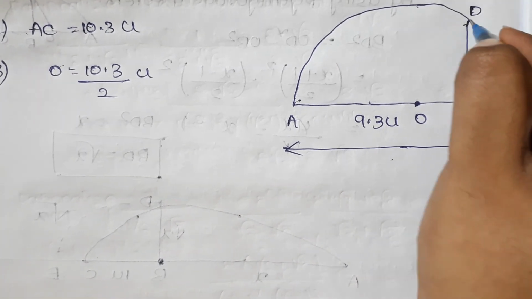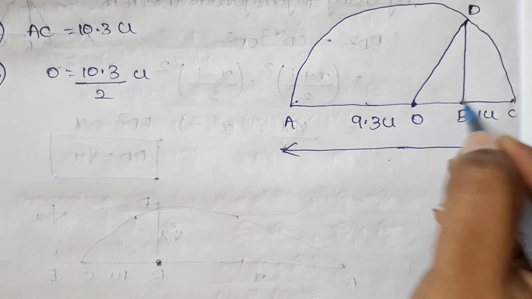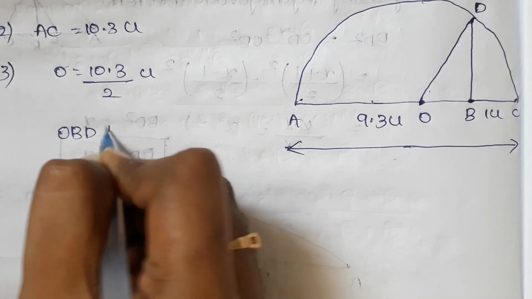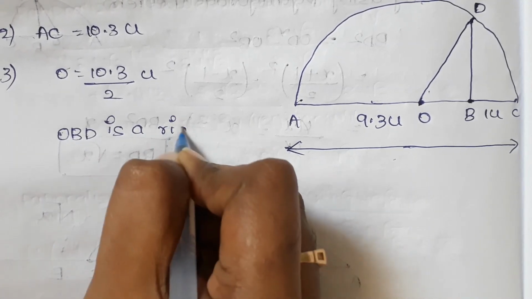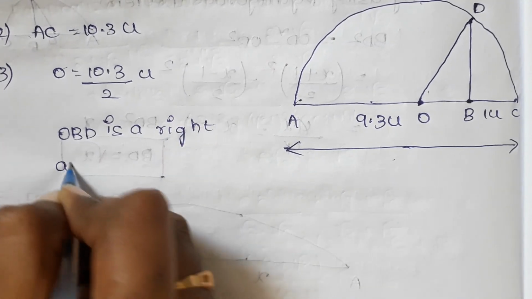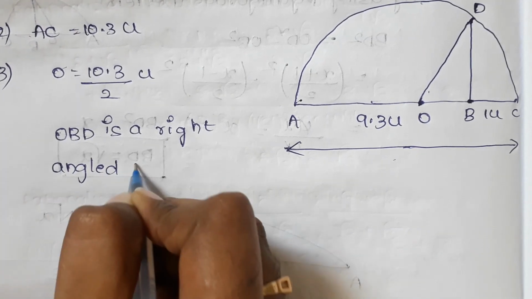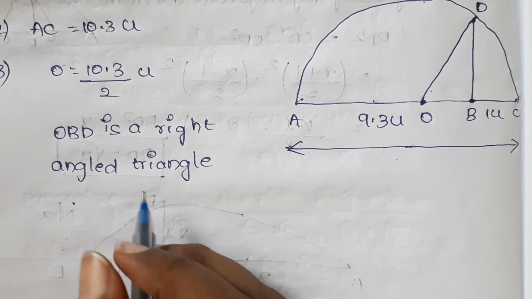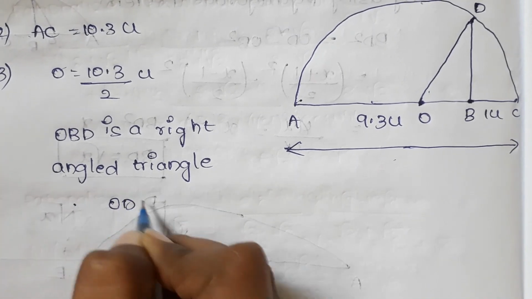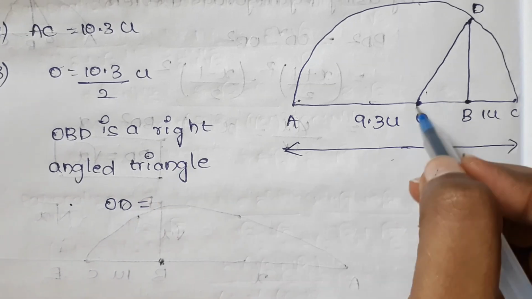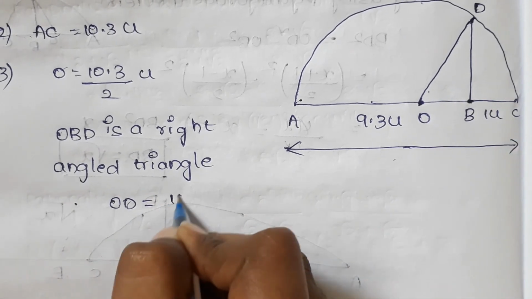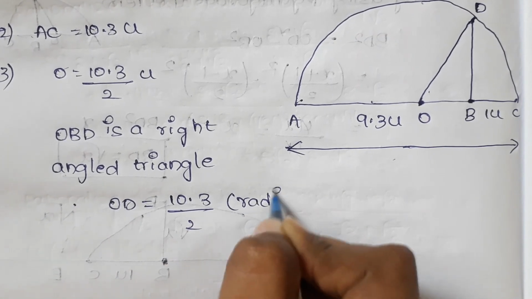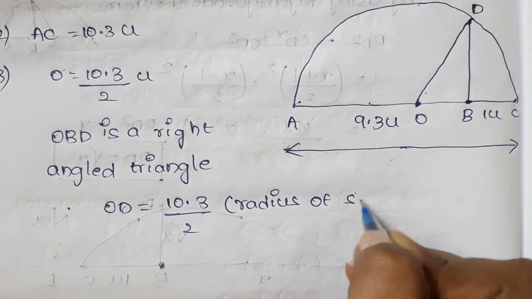Now OBD is a right angle triangle. From this right angle triangle, OD is nothing but 10.3/2, it is the radius of the semicircle.